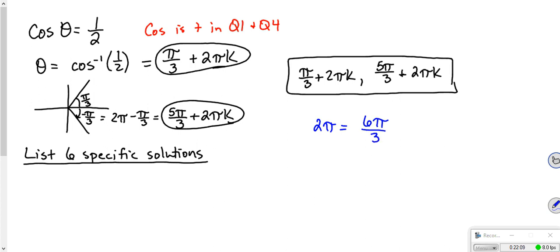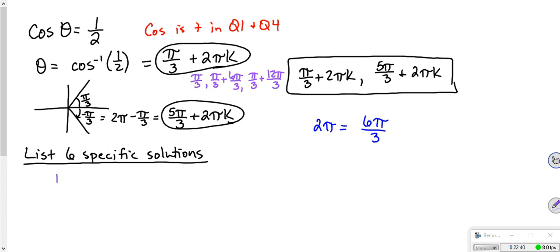So what we're actually doing here is taking pi over 3, then pi over 3 plus 6 pi over 3, then pi over 3 plus 12 pi over 3. We're doubling that.